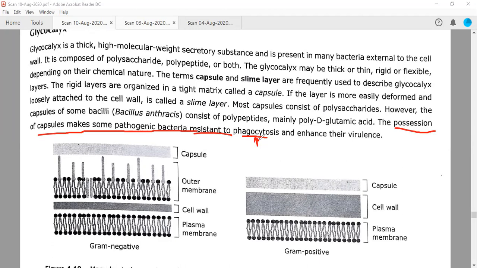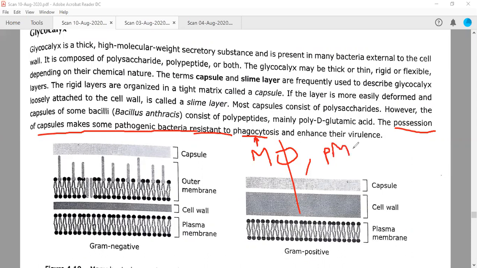So neutrophils are called chote havildar and macrophages are called bade havildars, because macrophages are large in size.